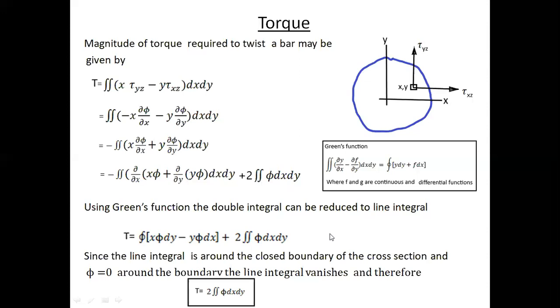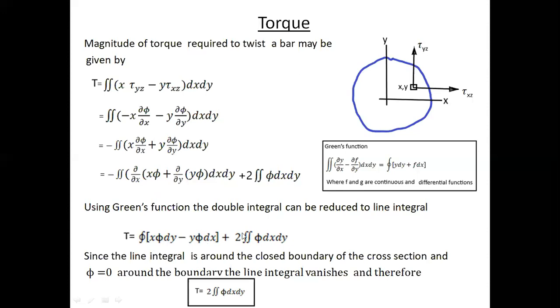Now this has to be reduced to a line integral, and there is Green's theorem used, which is a simple way of reducing the double integral to a line integral. If you've got this, the integral is reduced to the line integral of x phi dy minus y phi dx, plus 2 double integral phi dx dy.